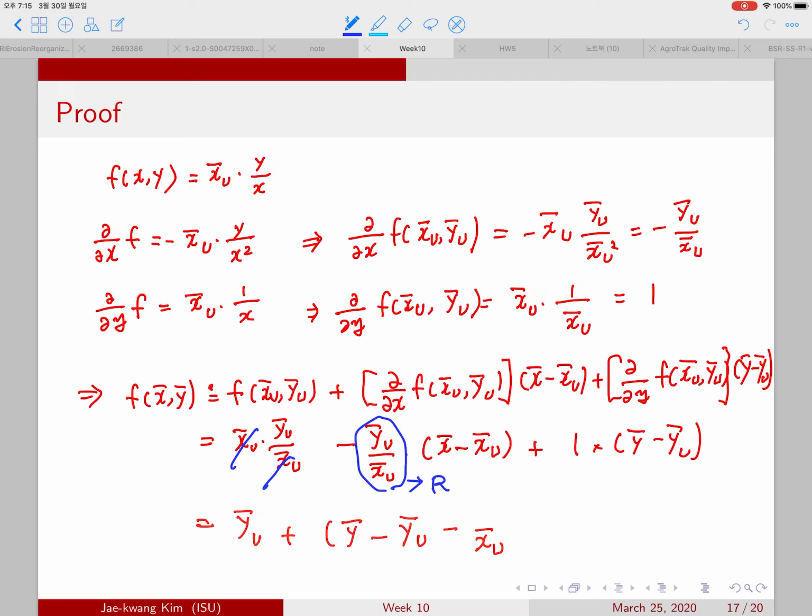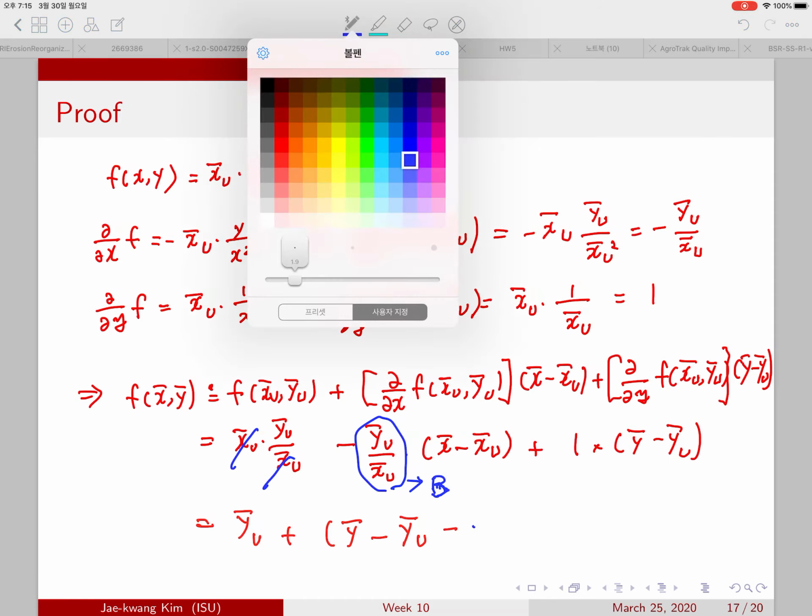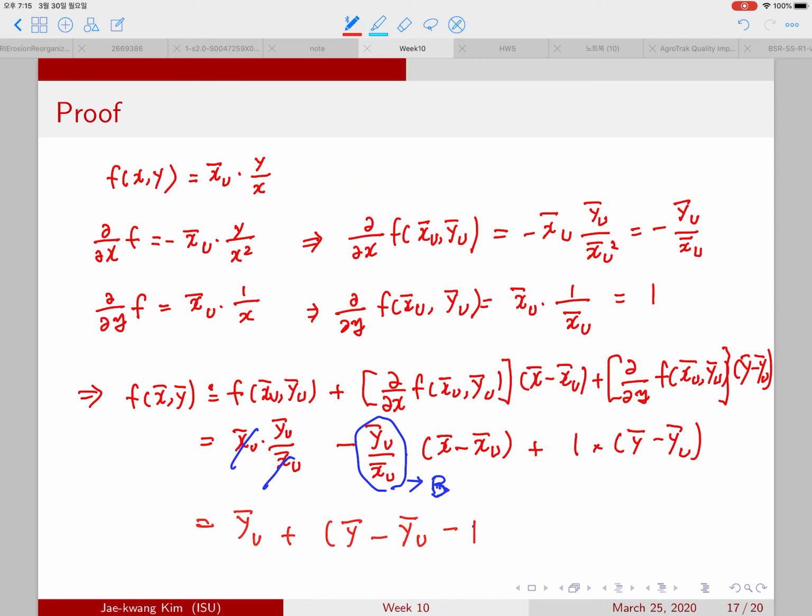No, b. We wrote it b. And so we write it b, then it's b times x bar minus x bar u, which is y bar u plus y bar minus b x bar. Okay, so that is this result here.